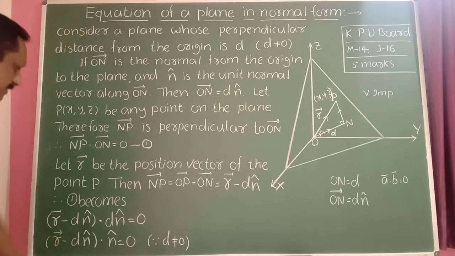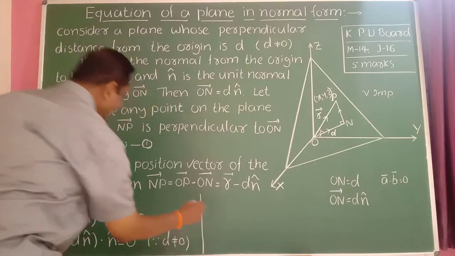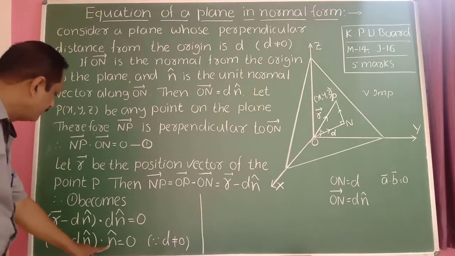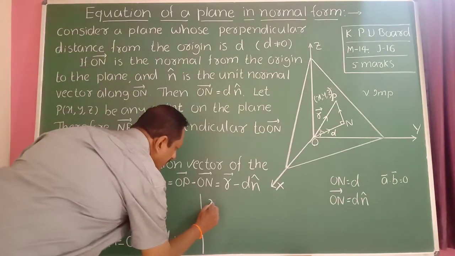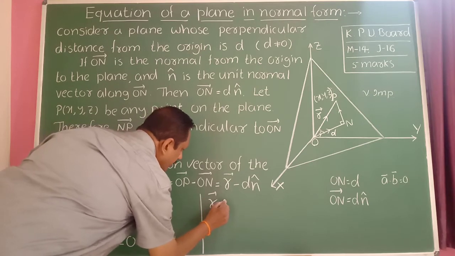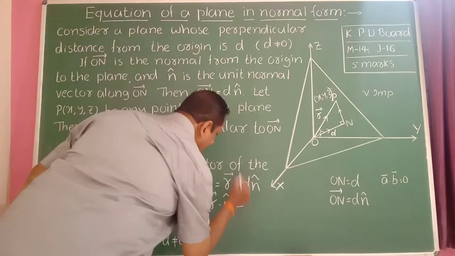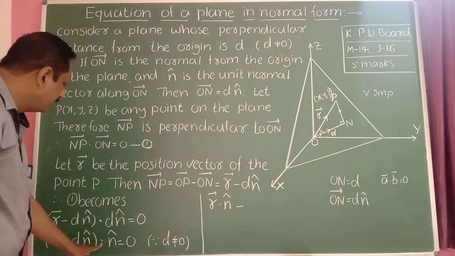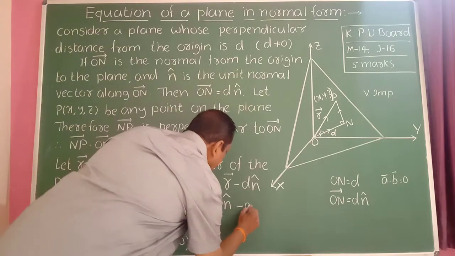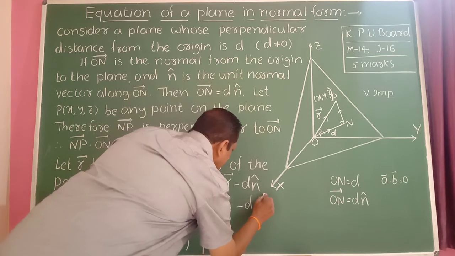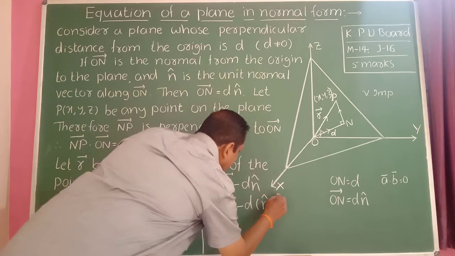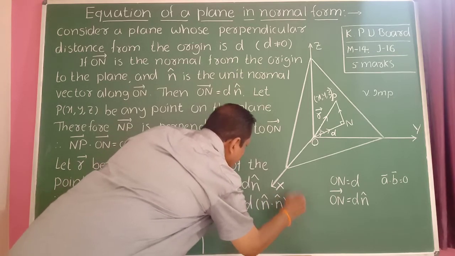Now take n cap inside the bracket here. Take n cap inside: R bar dot of n cap minus D into n cap dot n cap here. So D into n cap dot of n cap is equal to 0.